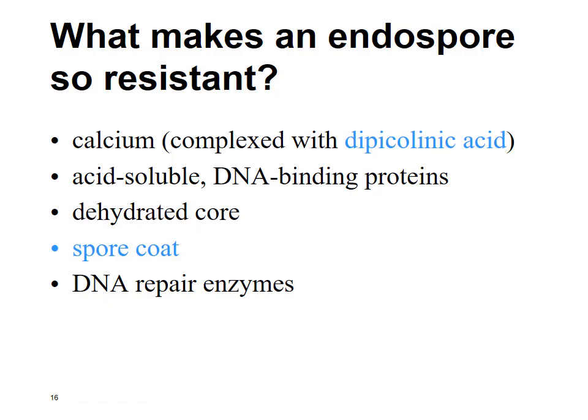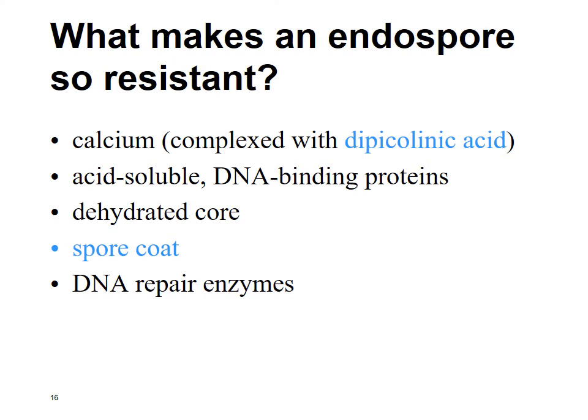So why is it that an endospore is so resistant? Well, it's still actually not known exactly why the endospore is resistant to heat and other lethal agents. Although as much as 15% of the spore's dry weight consists of an acid called dipicolinic acid, which is complexed with calcium ions, and this acid calcium complex is located in the core of the endospore.